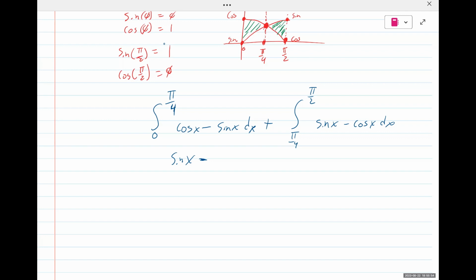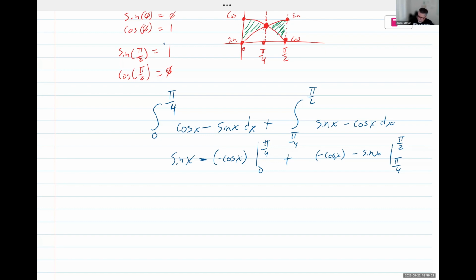Negative cosine x. Okay, evaluated from 0 to pi over 4. Plus the integral of sine x, negative cosine x, minus the integral of cosine x, which is just sine x, from pi over 4 to pi over 2.